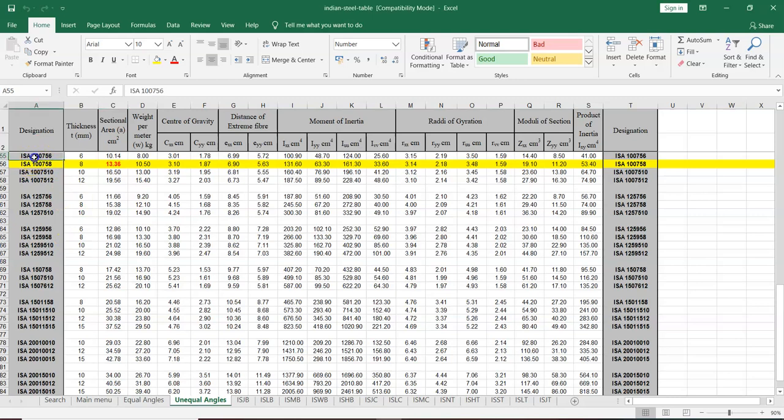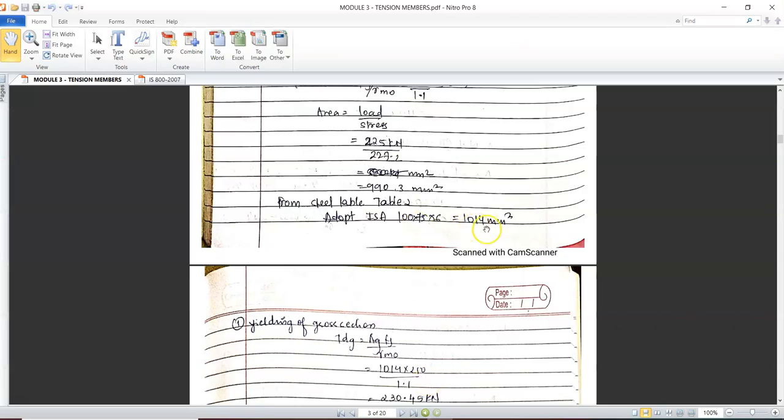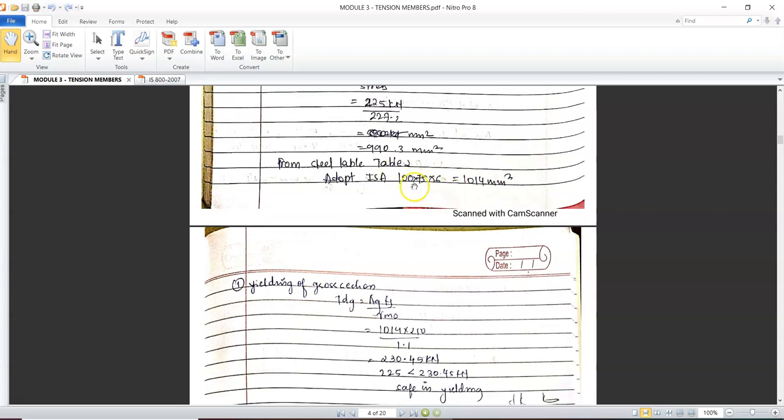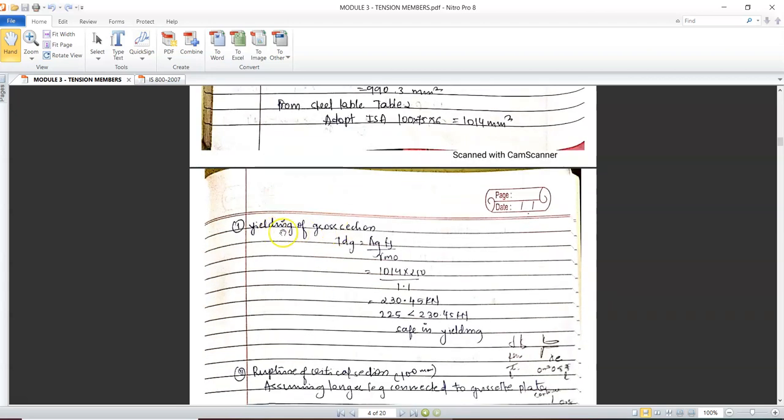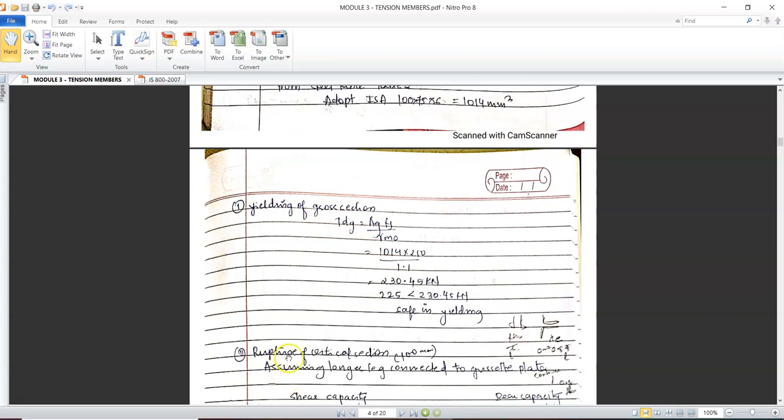For angle section 100 into 75 into 6, the cross sectional area is 10.14 square centimeter or 1014 square mm. Now we have adopted this angle, ISA 100 into 75 into 6. Now this angle has to be checked for yielding of gross section, rupture of critical section and block shear.